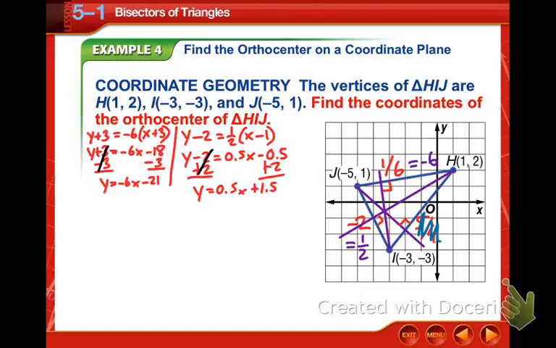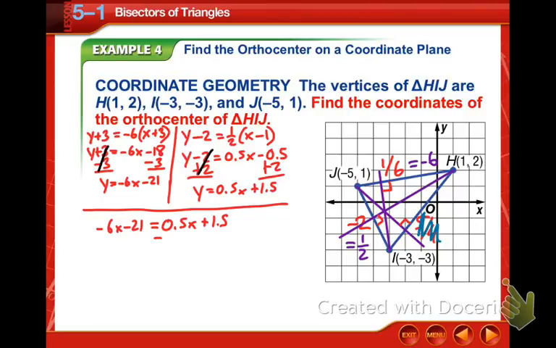Now, we need to know where these two intersect, which means we need to do a system of equations. Since they are both solved for y already, all we have to do is set them equal to each other. So, negative 6x minus 21 equal to 0.5x plus 1.5. This is going to get our x value out, and take that and plug it back in.